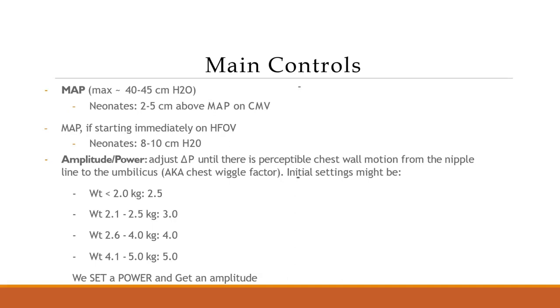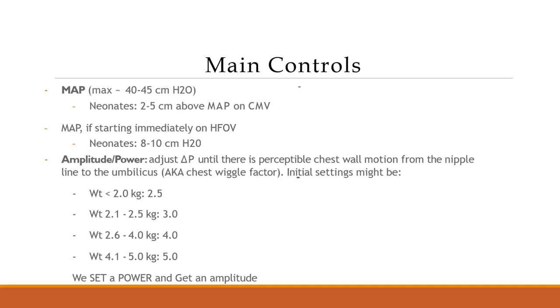So how do we set it? Say we were already on a conventional ventilator and we're going to an oscillator, we're going to go a little bit above what our mean airway pressure was on that conventional ventilator. Think about the situation where this patient is hard to ventilate, that we're having to go up and up on the settings, and we're still not getting the CO2 down or the PaO2 up. That peak pressure is already going to be set pretty high.